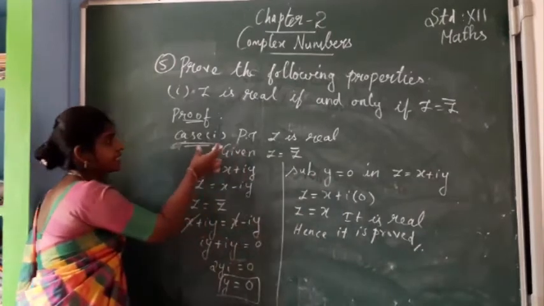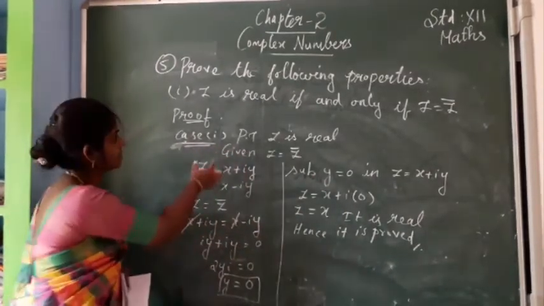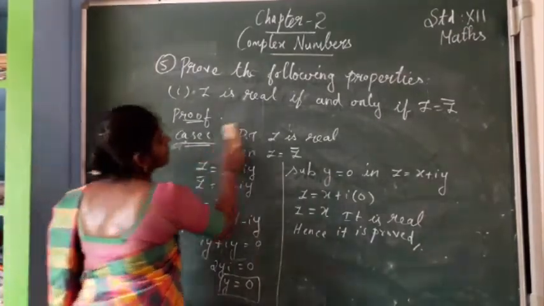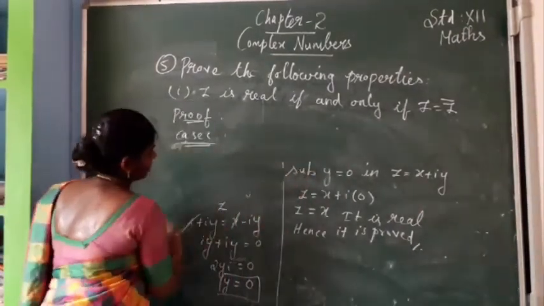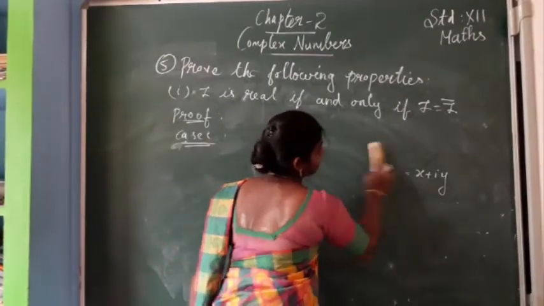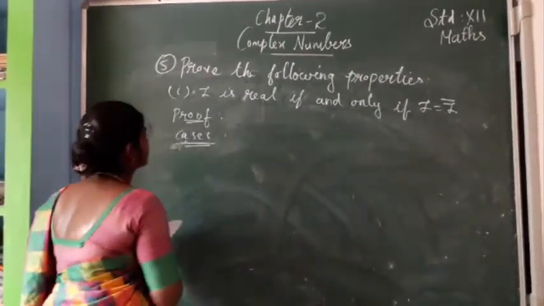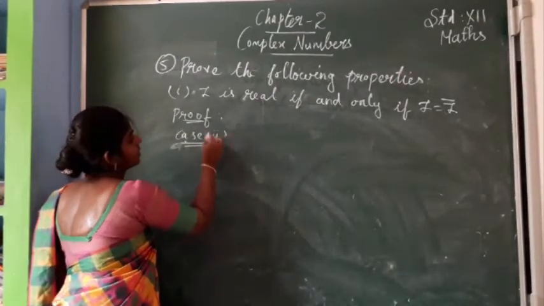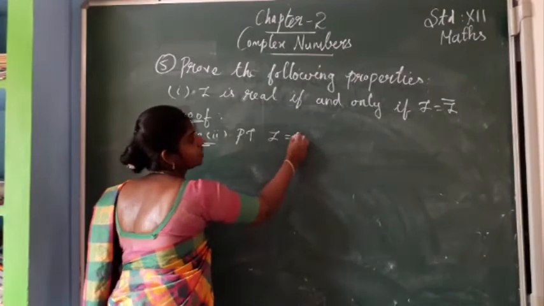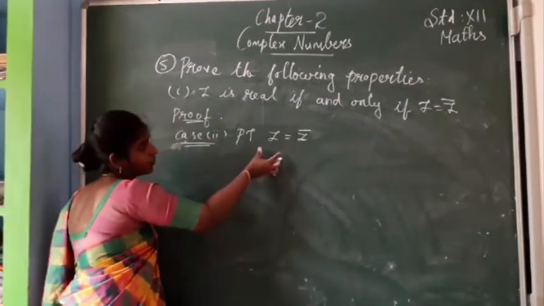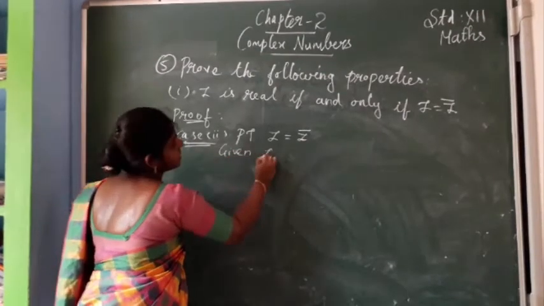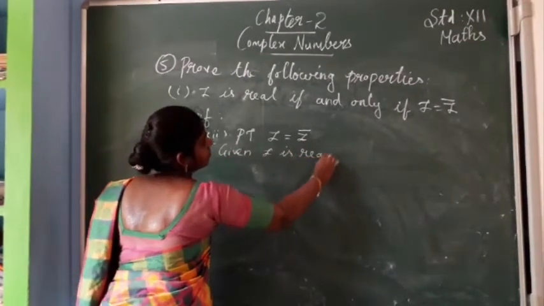So in the second case, this is the first case. Next we can see the second case. In the second case, you have to prove z equal to z bar, given z is real.